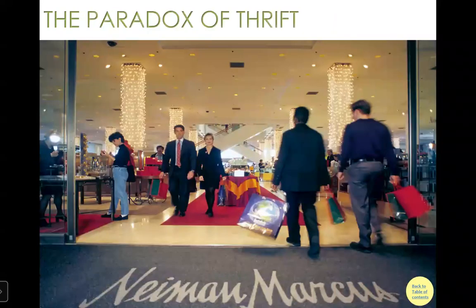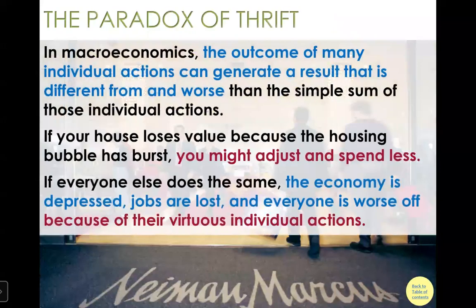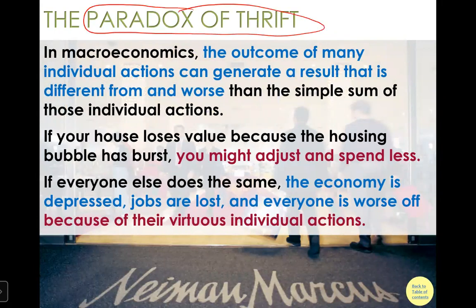And this helps us revisit the concept of the paradox of thrift, right? Essentially, in macroeconomics, individuals are not isolated. They are linked together through the MPC, through the relationship between income and expenditure.